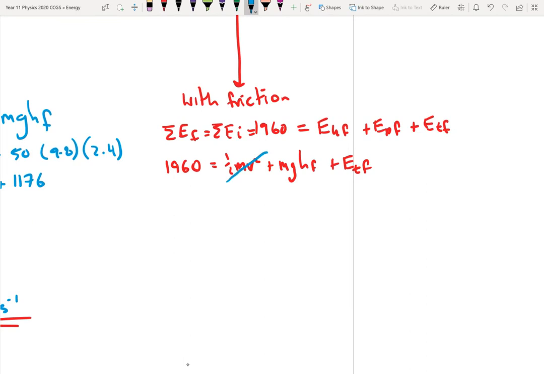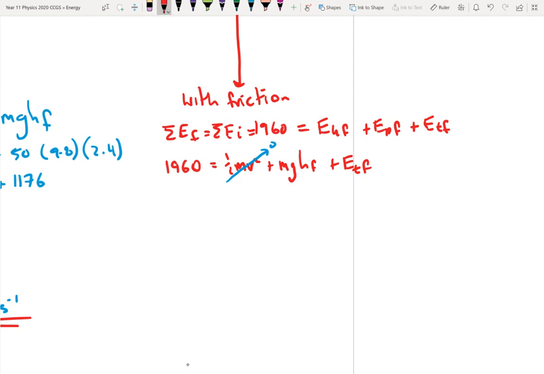And luckily for us, you have to use a little bit of logic here. If that's as high as he gets, then at his maximum height, he is stationary. That's just a trick that you need for projectile motions, for motion up an incline, for motion up a half pipe. If that's his maximum height, then he has no kinetic energy at that point.